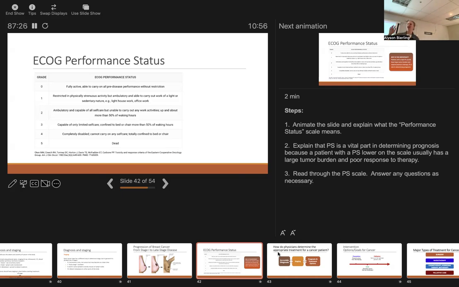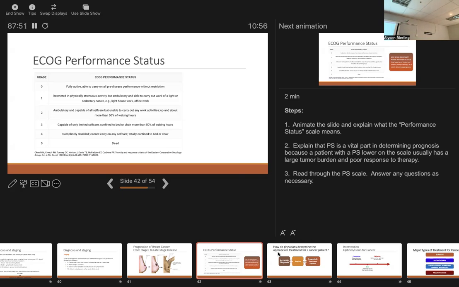So comparing a patient with a lower grade performance status to a higher grade, who do you think would have a better prognosis? Maybe let's compare a patient with an ECOG of 1 to a patient with an ECOG of 3 or 4. Who has a better prognosis, most likely?